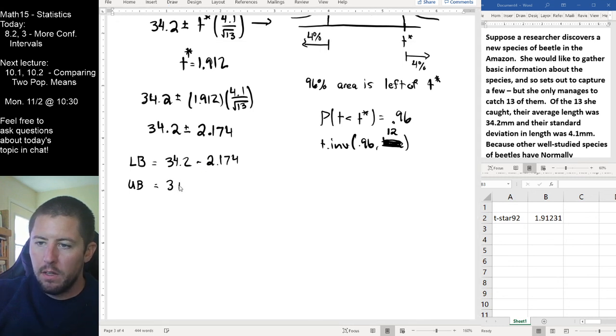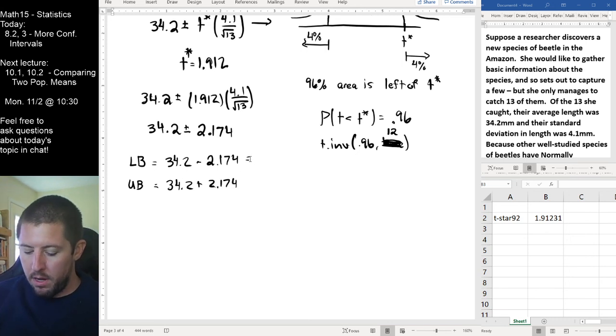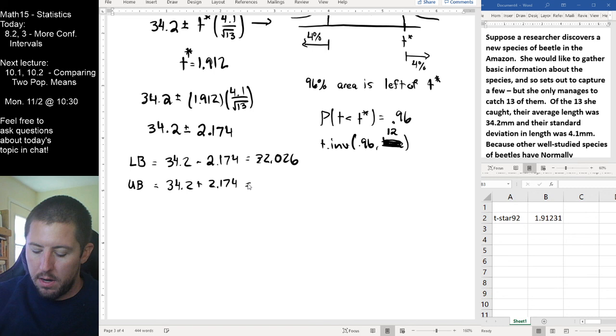Our upper bound is our large number, so it's our plus 2.174. What are we going to get here? 34.2 minus 2.174. I'm getting 32.026. And here, 34.2 plus 2.174, I'm getting 36.374.